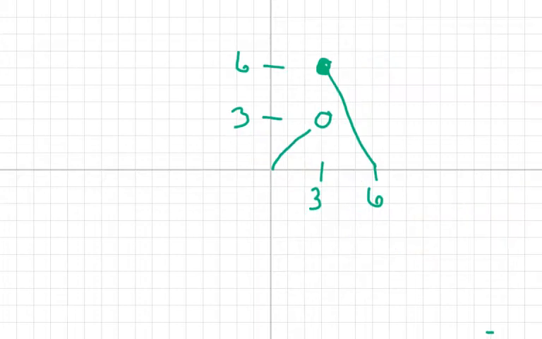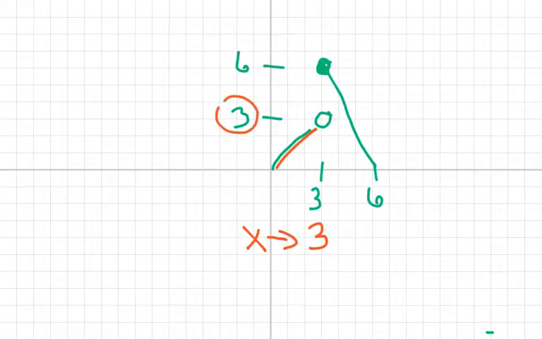Now in this one, we're looking at x approaches 3. From the left, we're at 3. However, as x approaches 3 from the right, we're at 6.